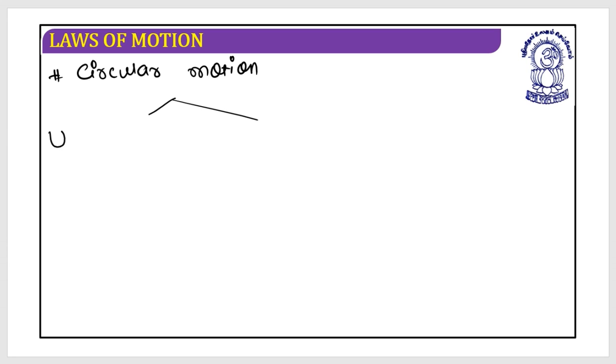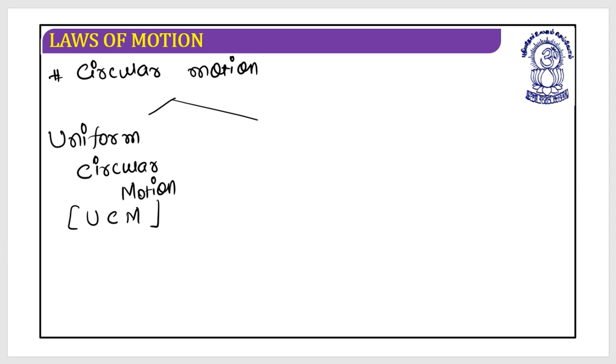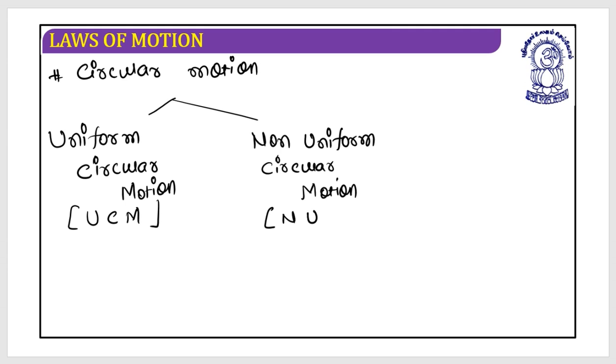One is uniform circular motion, that we call UCM, and the other is non-uniform circular motion, NUCM. Let's discuss what is the difference between uniform circular motion and non-uniform circular motion.